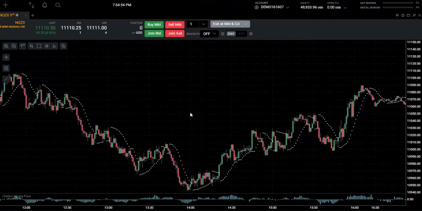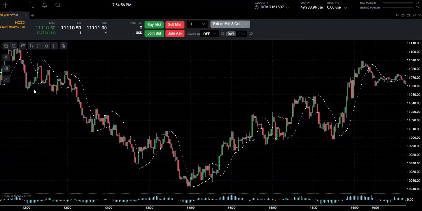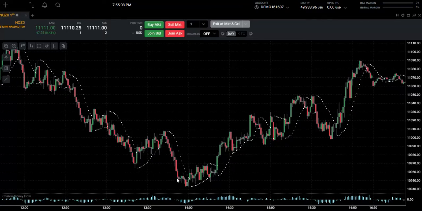This is about from 12 o'clock on. Pretty good trends. A nice trend right here from here to here. Here to here. From here to here. If you click on this little crosshair button, it'll bring up the crosshairs.